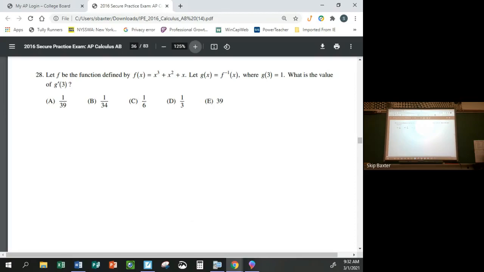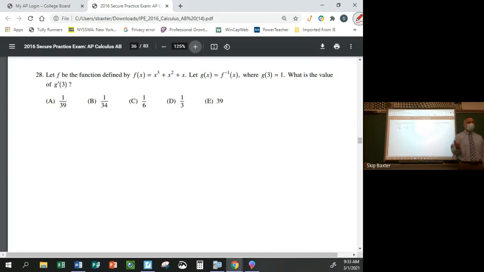One more minute. Any ideas? I got C. Yeah, so anybody else get C?